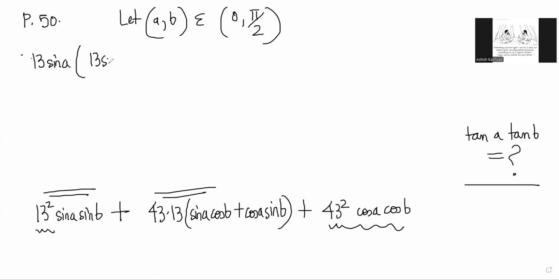I will get 13 sin B plus 43 cos B. And in the next two terms, I will take 43 cos A common.